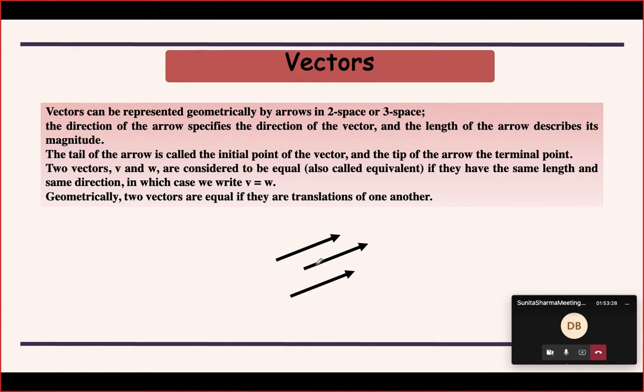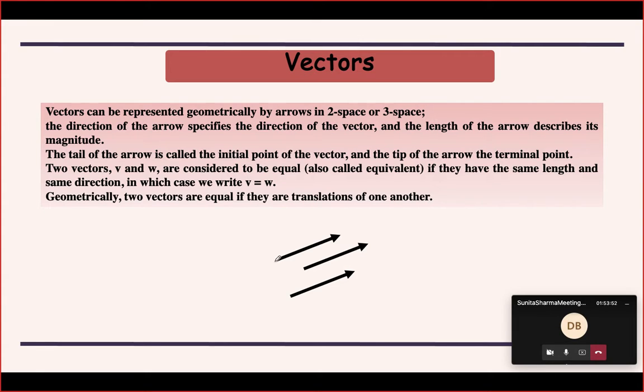All these vectors are identical or equal, because you can see they are moving in the same direction, they are parallel to each other, and their length is also the same. So these are vectors that are equal or equivalent to each other, and you can also say they are translations of one another.